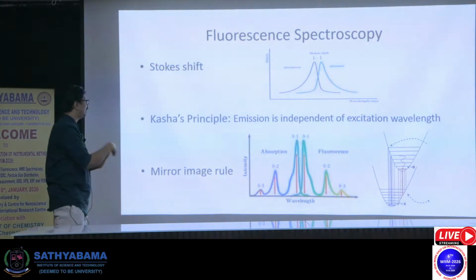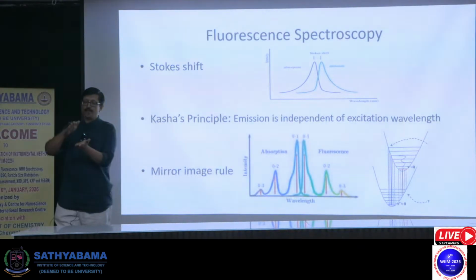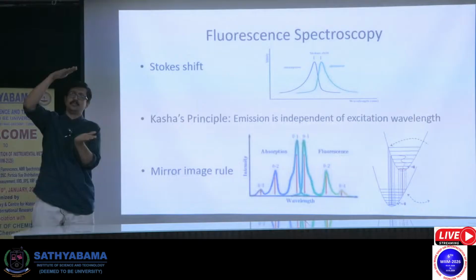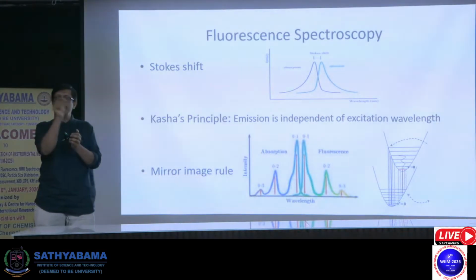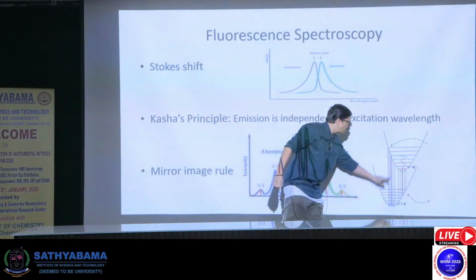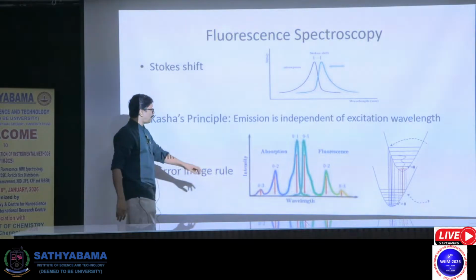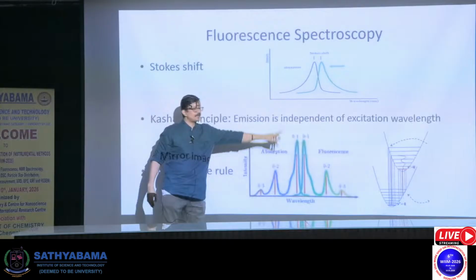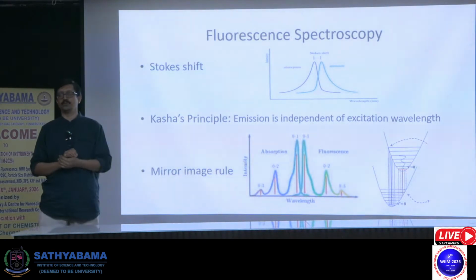The reason is that all those absorptions that you are seeing in the Jablonski diagrams from one electronic state to another electronic state involve vibrational energies also. There are small lines that you must have noticed in between the electronic energies. So these vibrational energy levels which are embedded in the electronic energy, the probability of absorption between two vibrational levels is the same as the probability of emission between those levels.